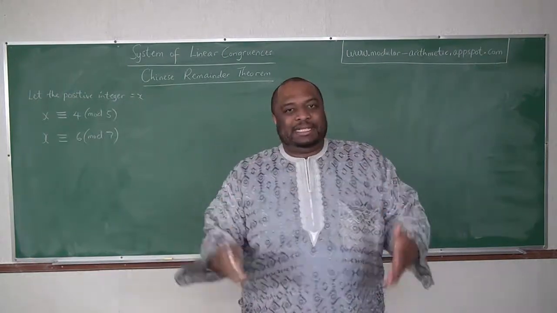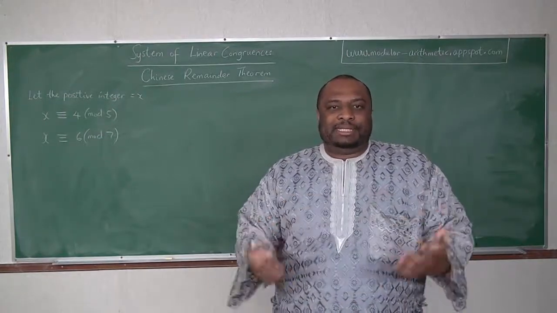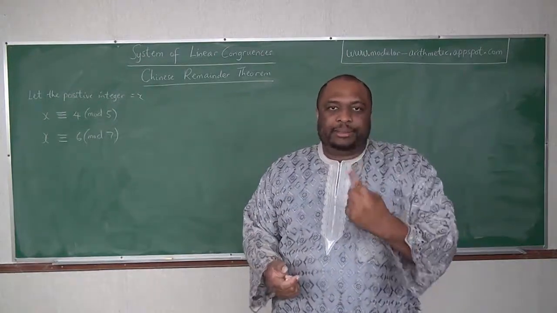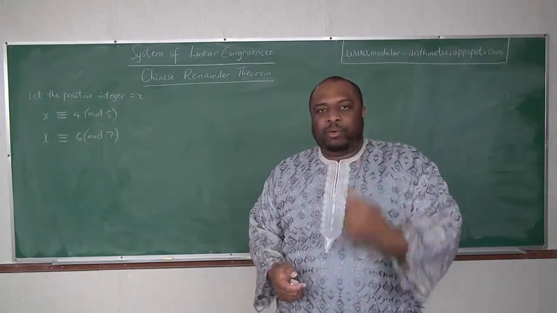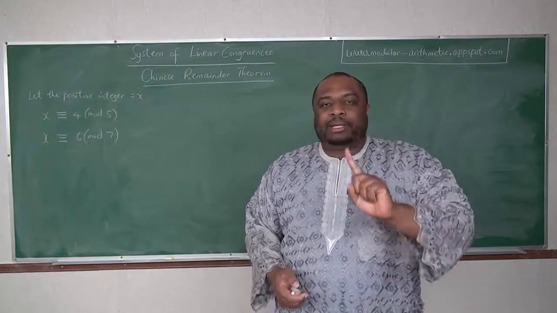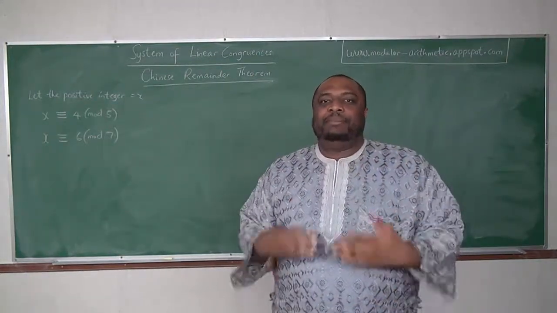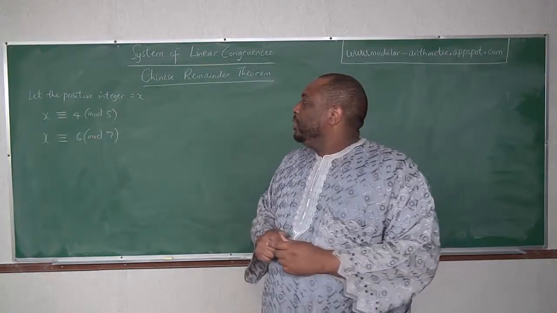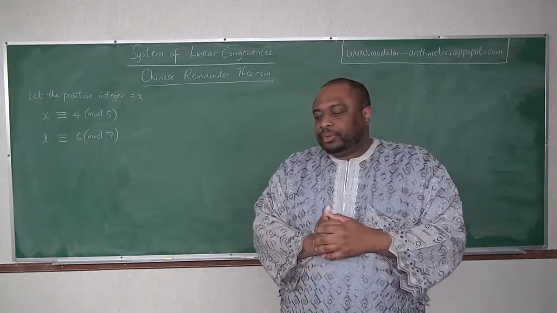So this is a system of linear congruencies. We call it a system because it's more than one linear congruency. So how do we solve this kind of question?